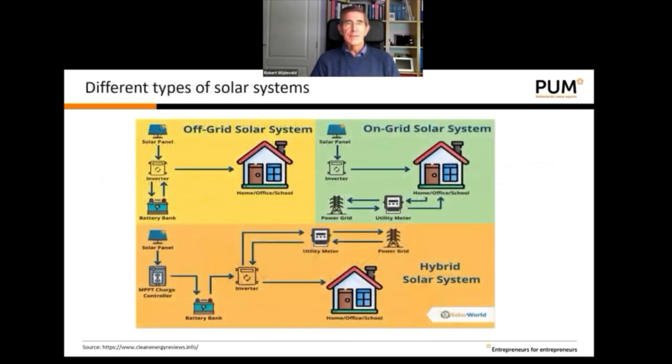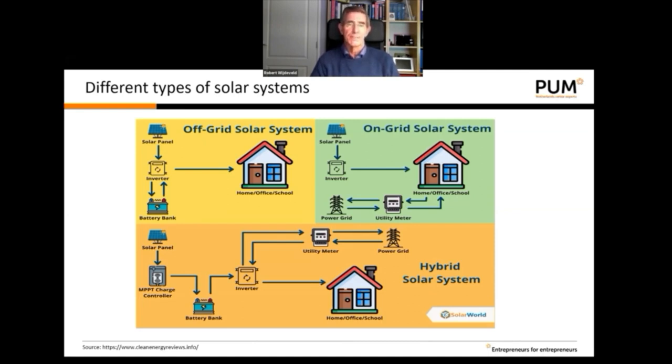We have different types of solar systems. We have the off-grid solar system, which is not connected to the local grid. In another lecture, you will learn everything about off-grid solar systems, which also involve a battery.